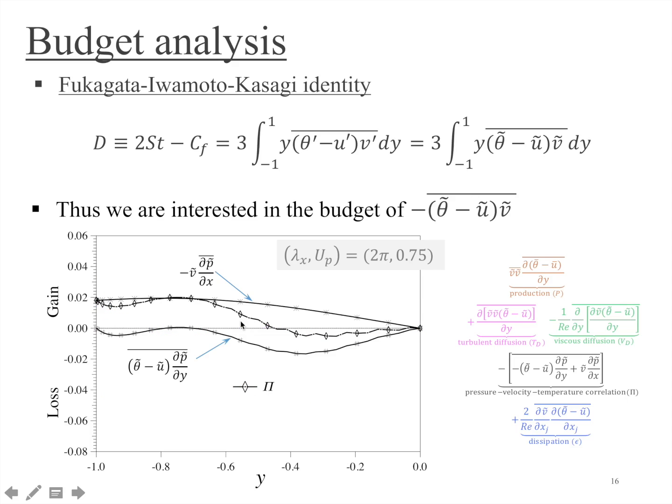Now, from the distribution of the two terms that constitute the pressure temperature velocity correlation term, we can see that the second term acts as a source term for dissimilarity. So the correlation between wall normal velocity and the induced pressure gradient in the streamwise direction acts as a source term for dissimilar heat transfer enhancement.